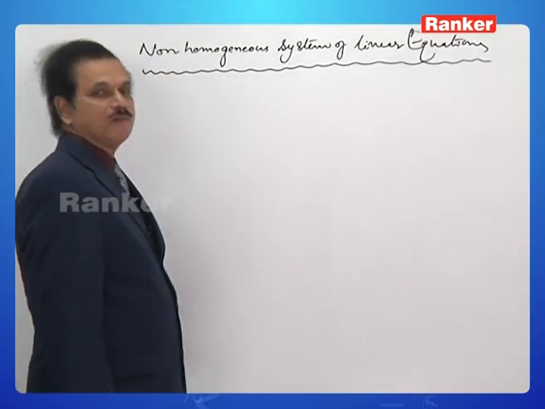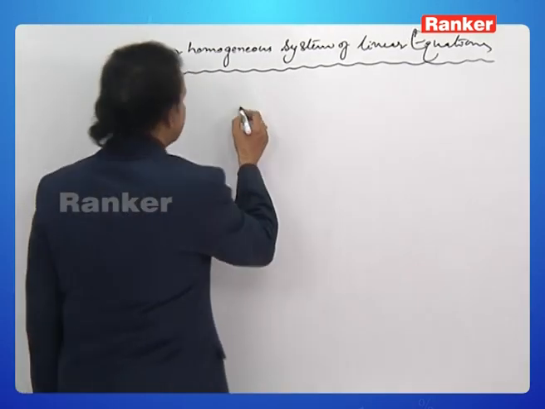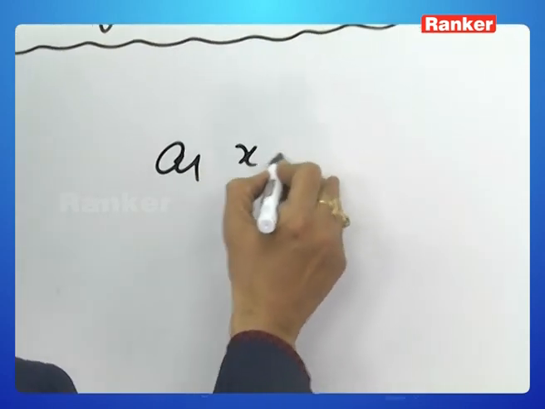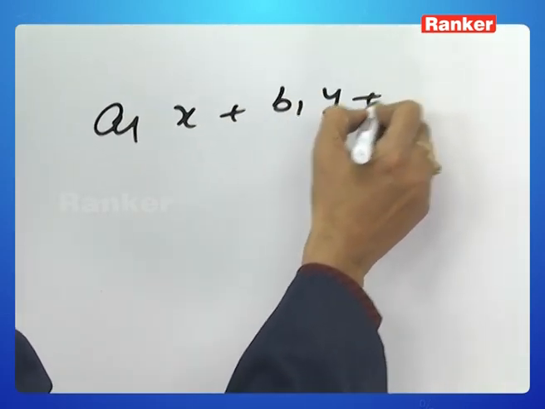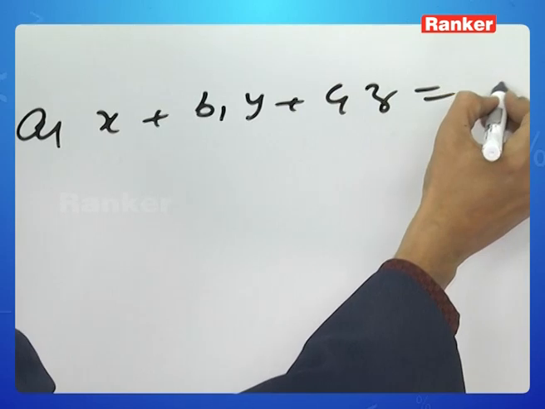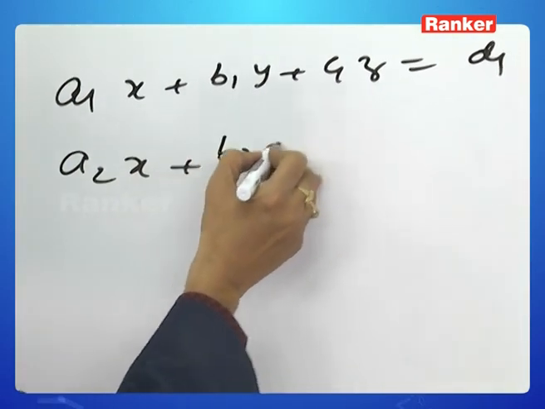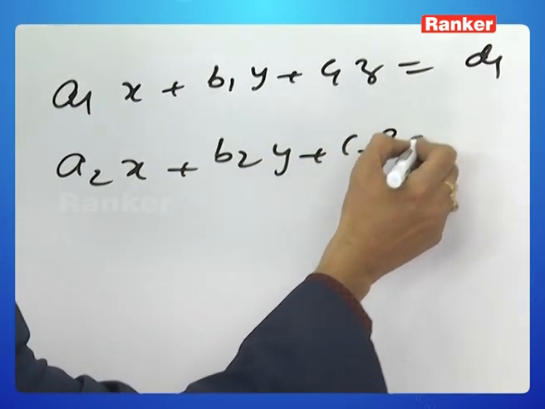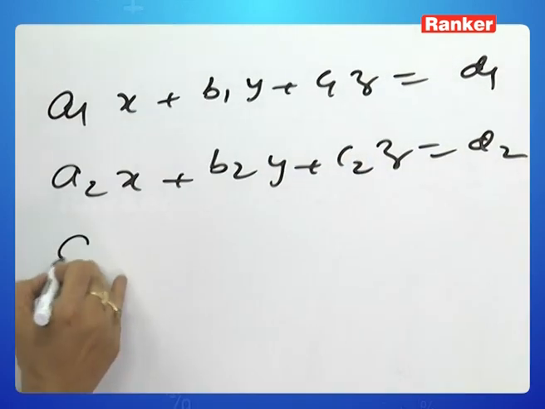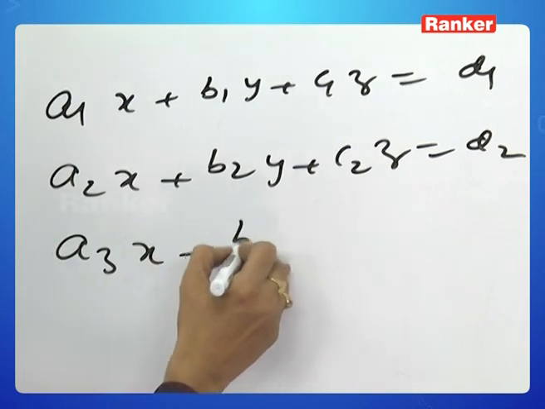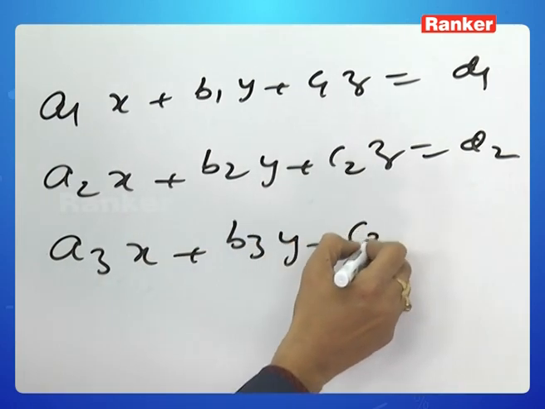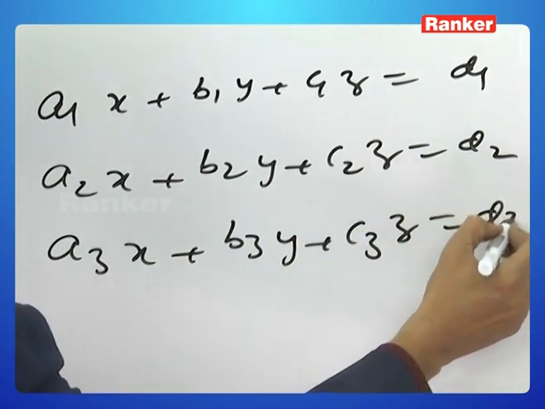What will be the standard form of this system? For example, you consider the equations a1x plus b1y plus c1z is equal to d1, a2x plus b2y plus c2z is equal to d2, a3x plus b3y plus c3z is equal to d3.